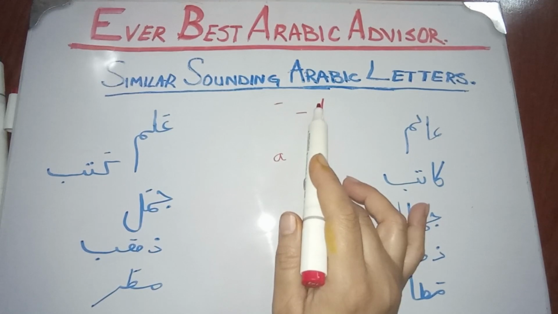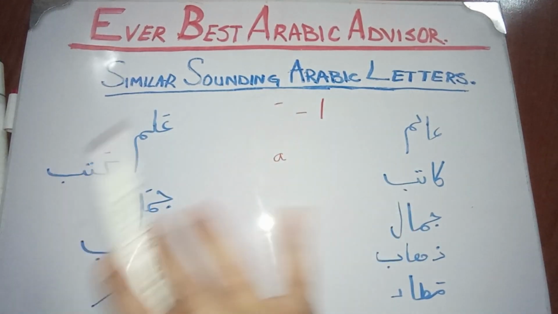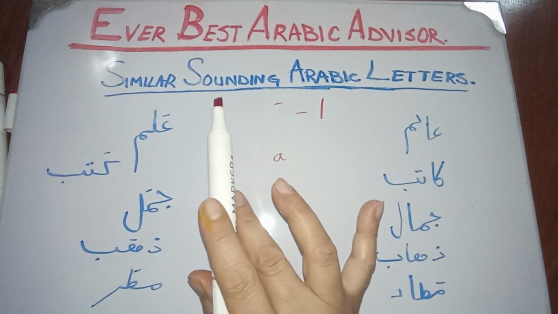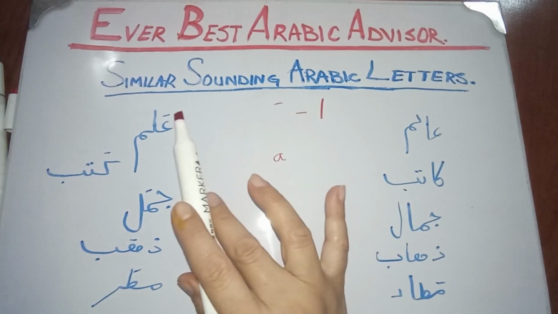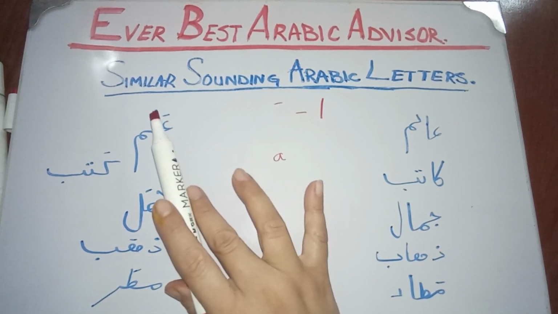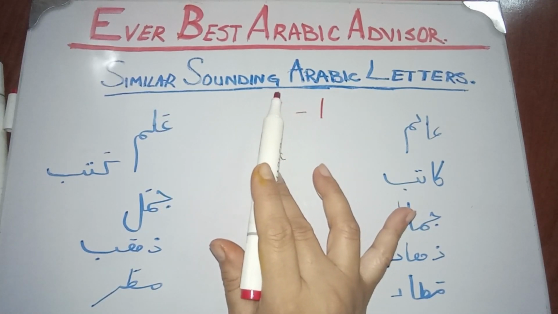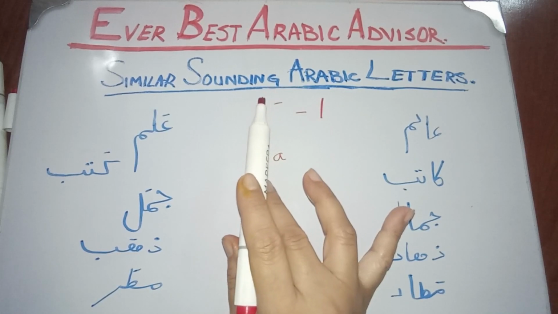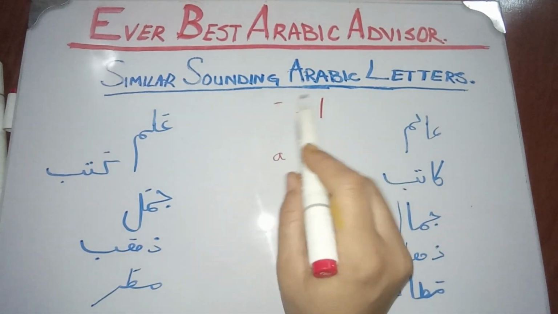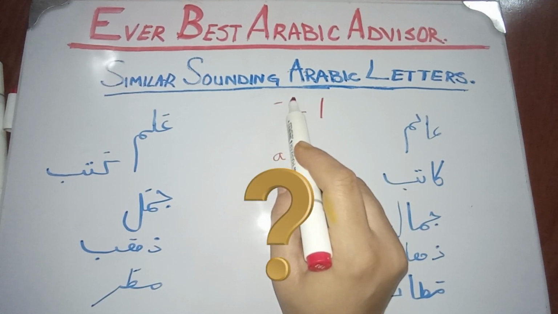Alif can also carry a fatha, but if alif carries a fatha, it is no more alif, then it converts into hamza, which I already taught in my series of Arabic letters, and also in my other video of similar sounding Arabic letters. You can watch the link in the description, and also in the i button you can find the link.